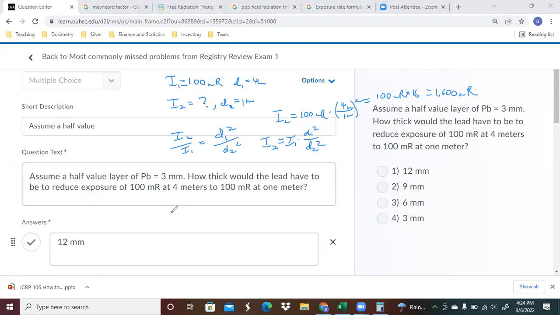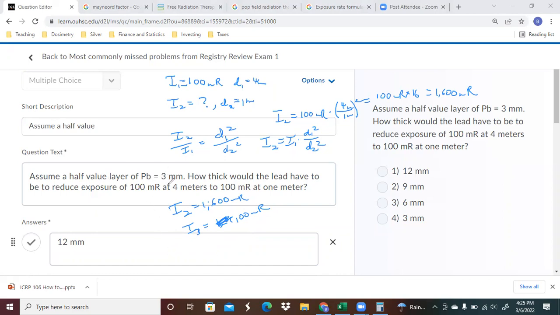We want to go from 1600 milliroentgens, and I'll just put this as a 3. I want to see that drop to 100 milliroentgens. So the question is, what sort of factor do we need to apply here in order to get to that?